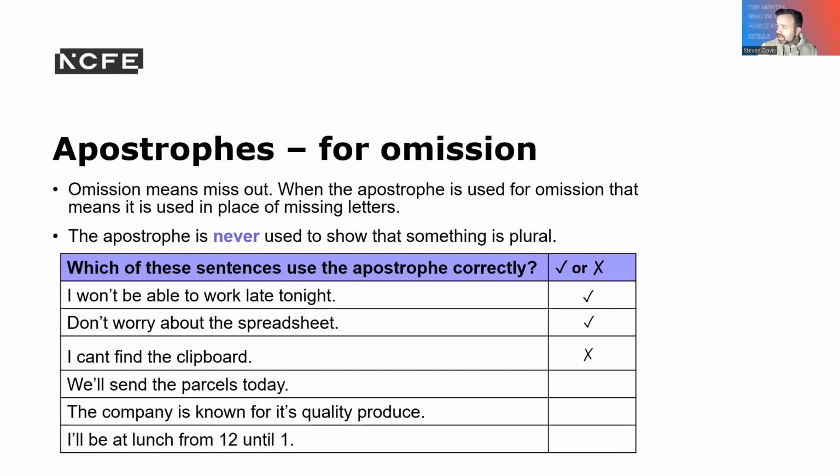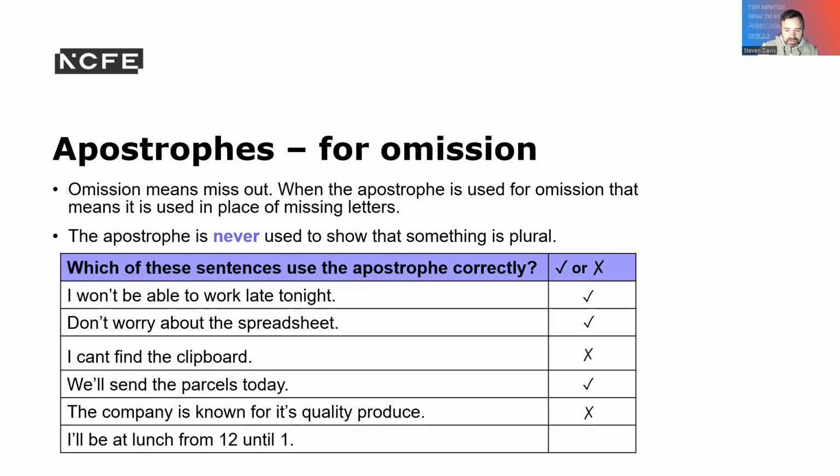We'll send the parcels today, so that looks correct to me. The company is known for its quality products, so the company is known for its quality produce. Something doesn't look right there.